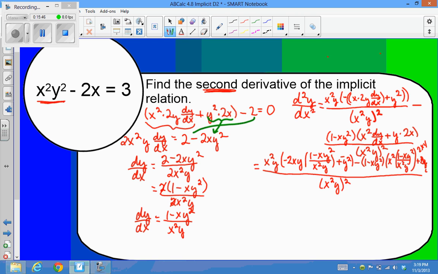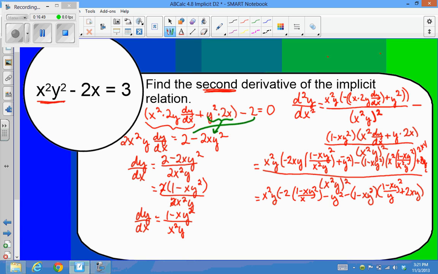Okay, distributing through. This is going to be x squared y times my x and my y will cancel with one of the x's and y's down there, so I'll have a negative 2 times 1 minus xy squared all over x, because the x and the y canceled with that other, plus, or minus, excuse me, y squared, minus, parentheses, 1 minus xy squared, times, my x squared is going to cancel and leave me with 1 minus xy squared all over y, plus 2xy.